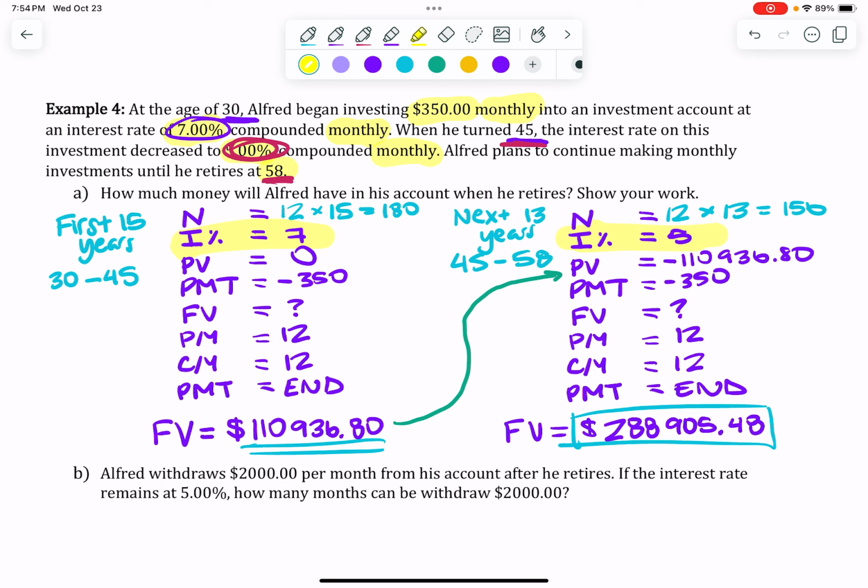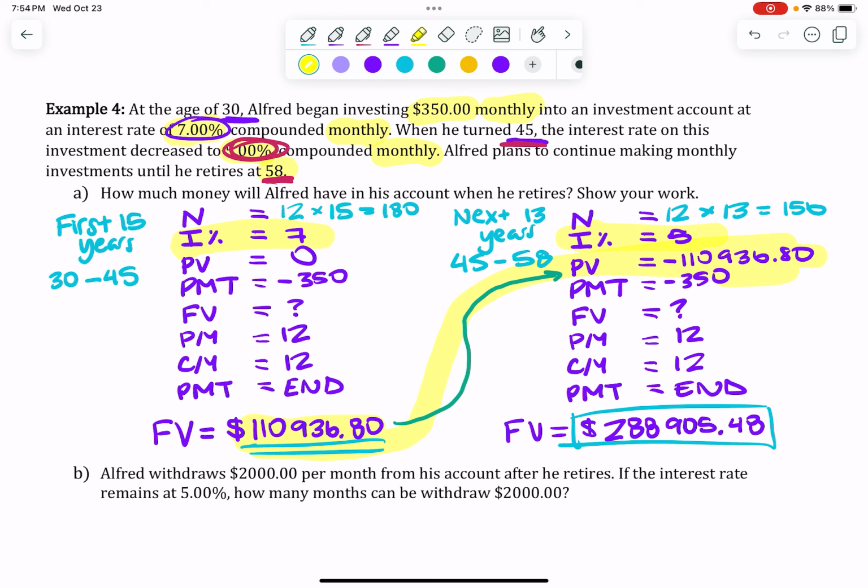But even if it changed 3 times, I'd still have to do one TVM for every single rate. Every single previous FV gets filtered in to the next PV because he's not starting from scratch.